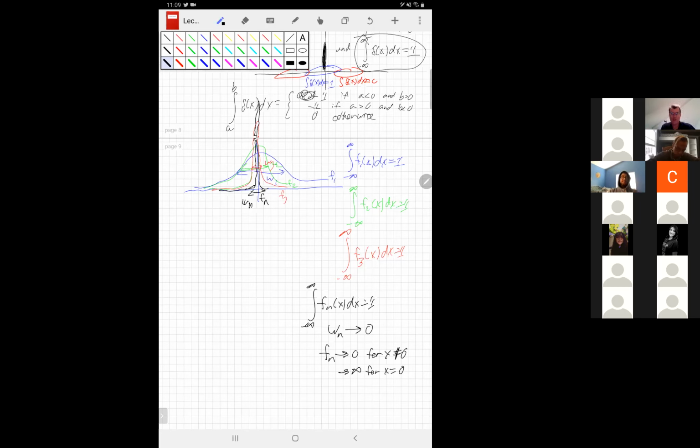And the delta function gets used, well, obviously in E&M or gravity to talk about point particles, because a point charge has infinite charge density. A point mass has infinite mass density. So we use delta functions to talk about point particles. We're going to use delta functions in a couple weeks when we do Fourier transforms to talk about pure frequencies.